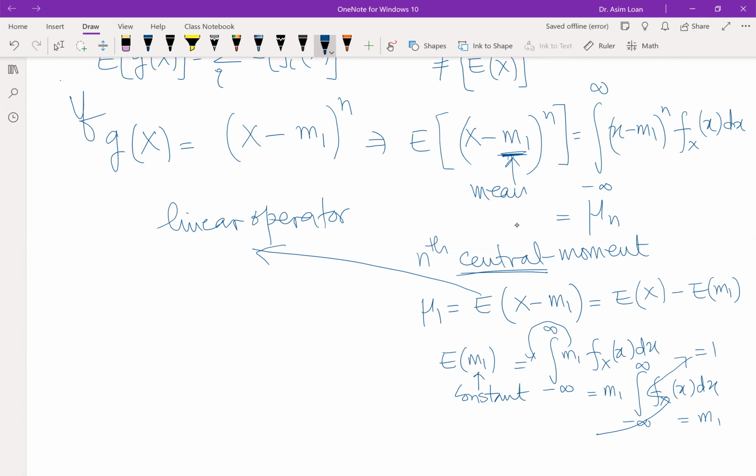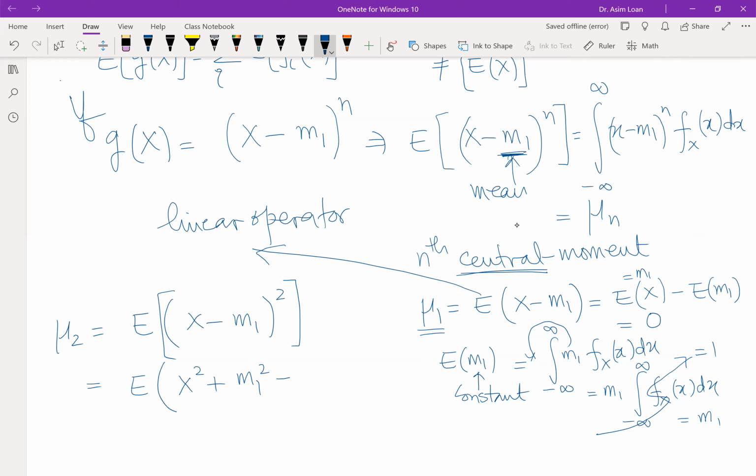So mu1 is obviously 0, because this is m1 minus m1, and so it is not of use to us. Mu1 is not important. Mu2 is the expectation of (x minus m1) whole square. When I expand it, it's a minus b whole square: a square plus b square minus 2ab.